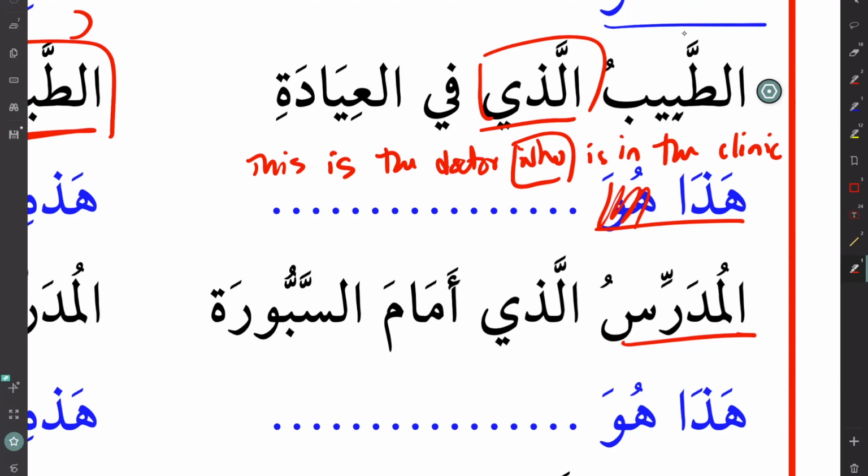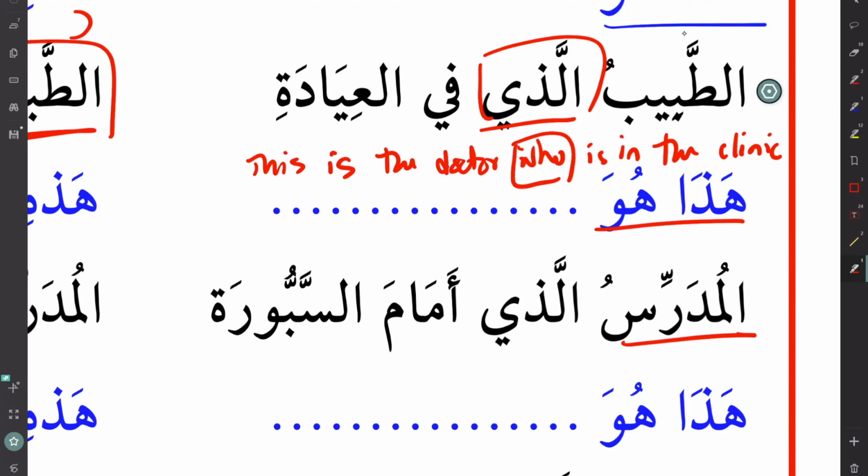Okay, so it is not a complete sentence. It seems like you're still talking about the teacher who is in front of the board and you want to say something about that teacher. You have to say something about this teacher. But when you add هو, you are completing that this is the teacher who is in front of the board.